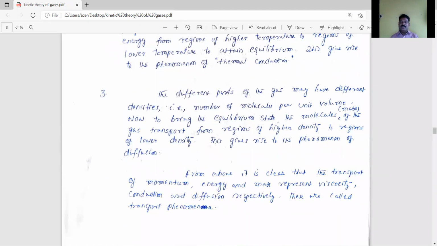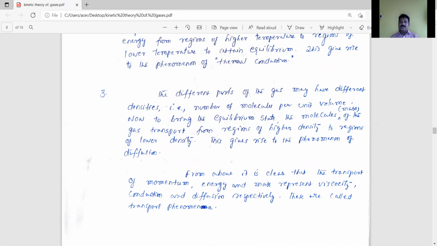Similarly, diffusion may happen due to the transport of mass from high molecular density region to low molecular density region. So all these three phenomena are happening due to the transport of momentum, heat energy and mass respectively.